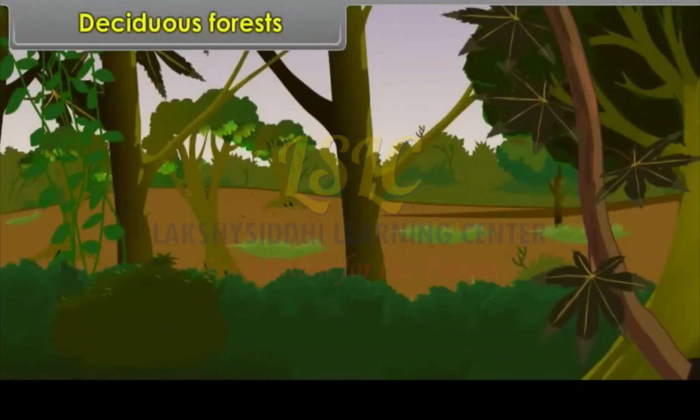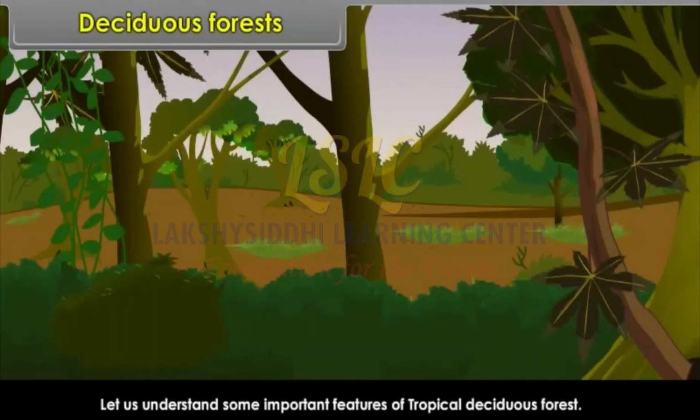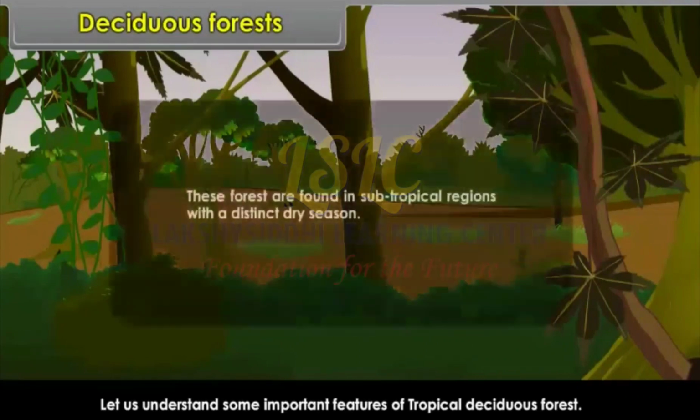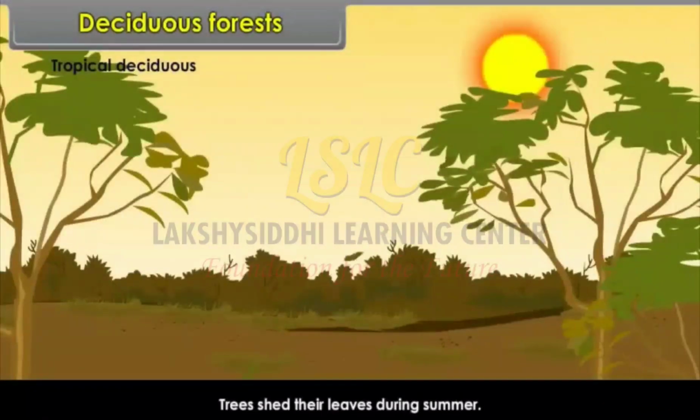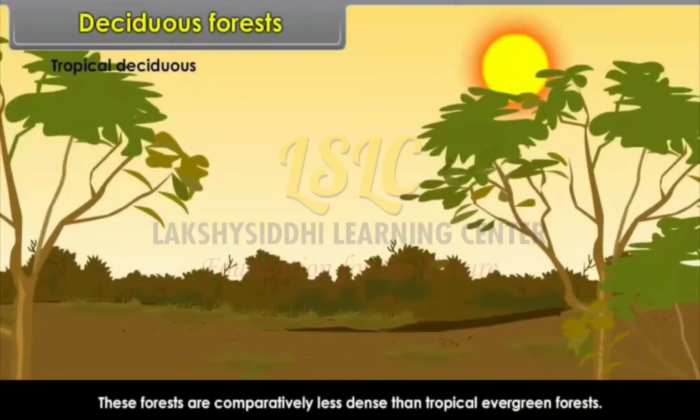Tropical deciduous. Let us understand some important features of tropical deciduous forest. These forests are found in subtropical regions with a distinct dry season. Trees shed their leaves during summer. These forests are comparatively less dense than tropical evergreen forests.